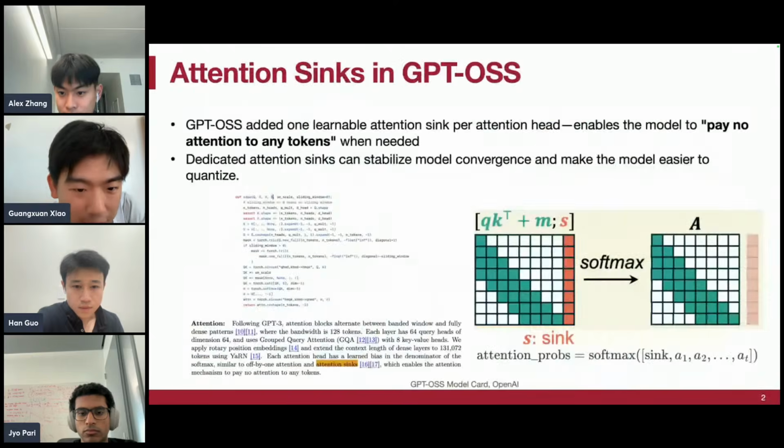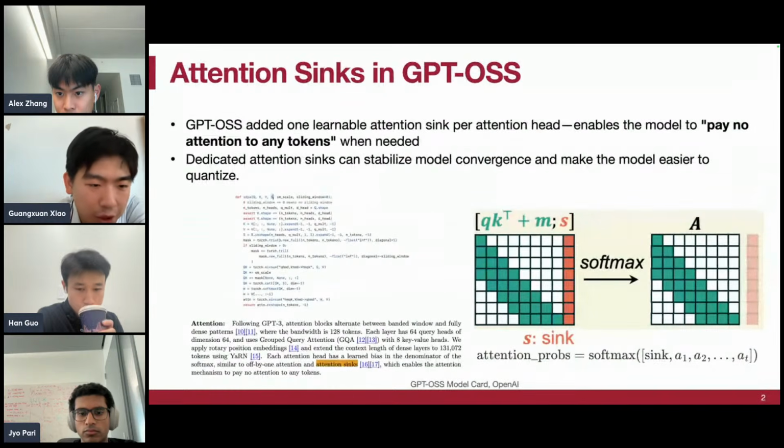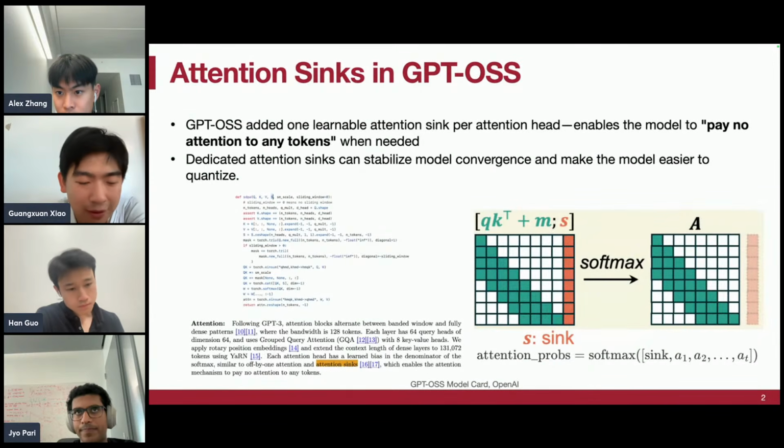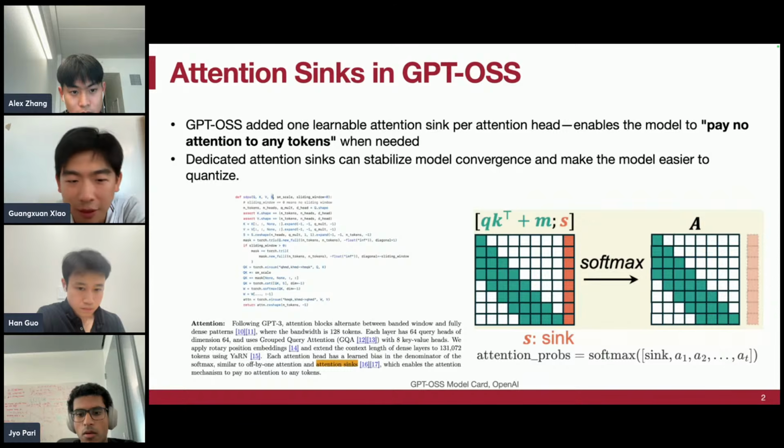Let's go to the GPT-OSS design. It gives a trainable scalar at the front, or any place that is equivalent. So in each row, the attention does not sum up to one. So it's not the attention sync token in our paper, and it's also not the off-by-one attention in the softmax off-by-one blog post, but something in between.